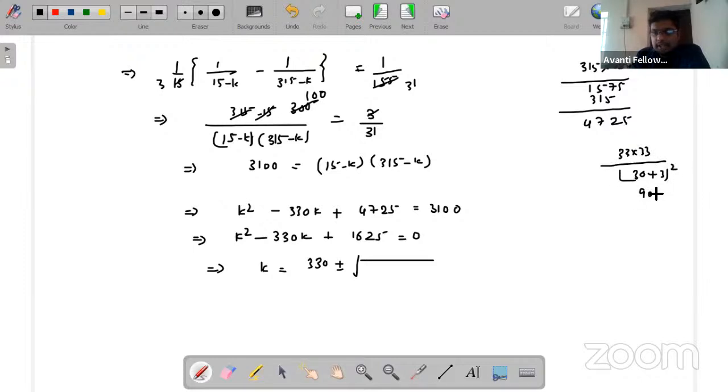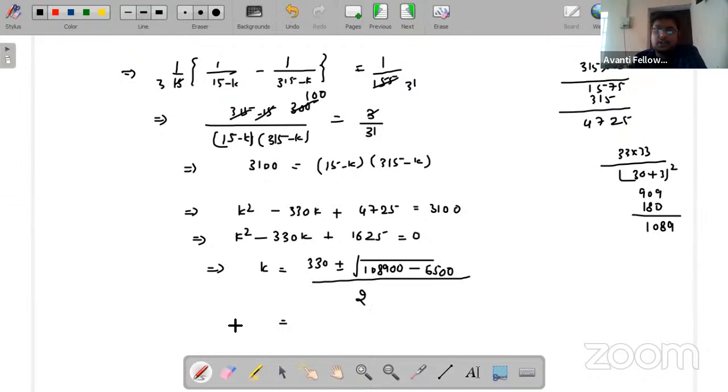So it will be 900 plus 9 plus 180, so 1089. Okay, so 108900, because 330 squared minus 4 into this. So 4 times 1625 is 6500, upon 2.